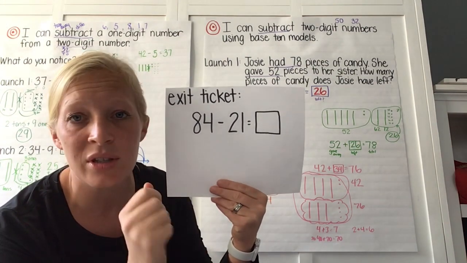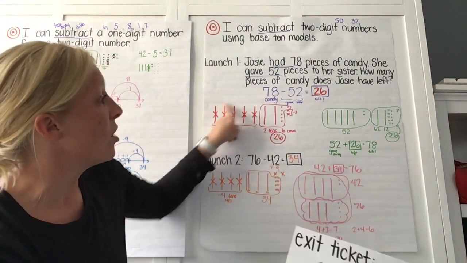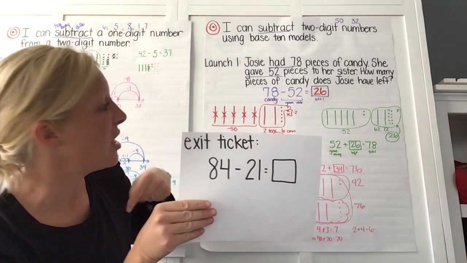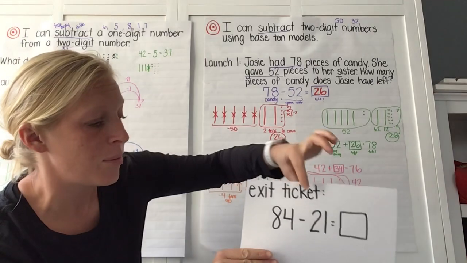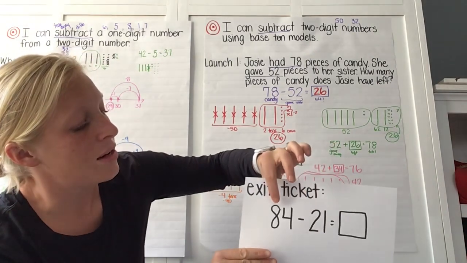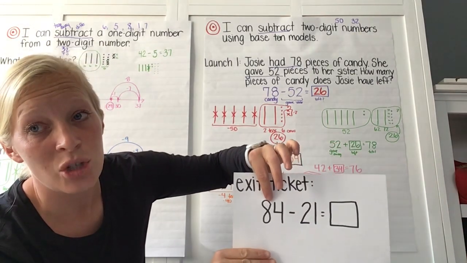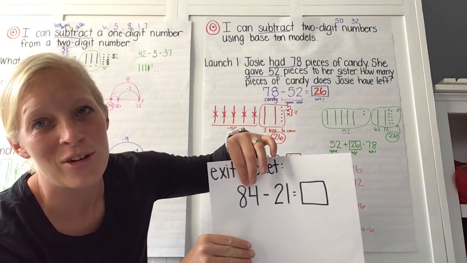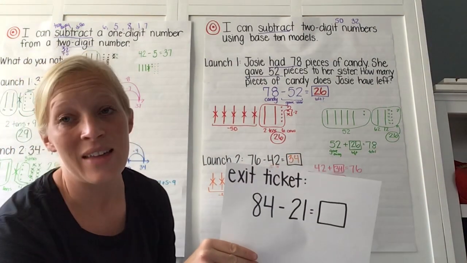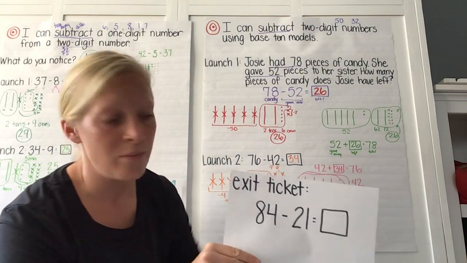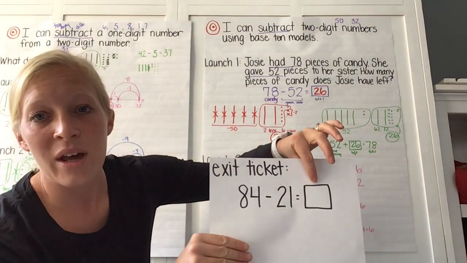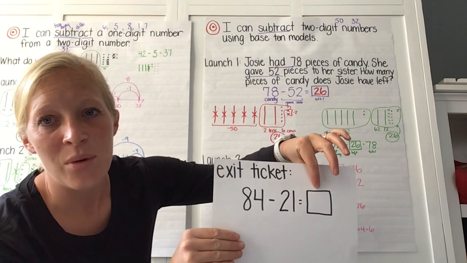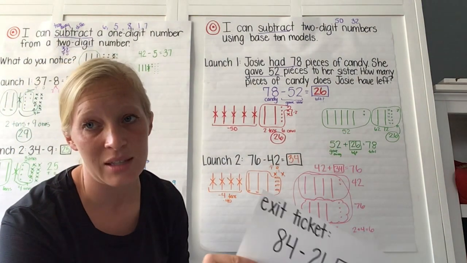However you choose to solve it, whether you subtract just like it's written here, or start with the number you know and add to it to get to the other number that you know, to find that unknown is up to you. But I want to know what is going to go right here, and I want to see you using those base 10 blocks to help you solve it.